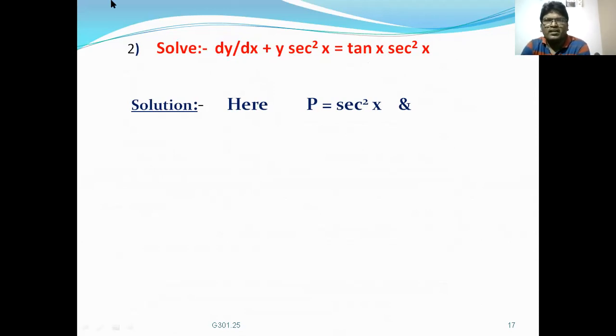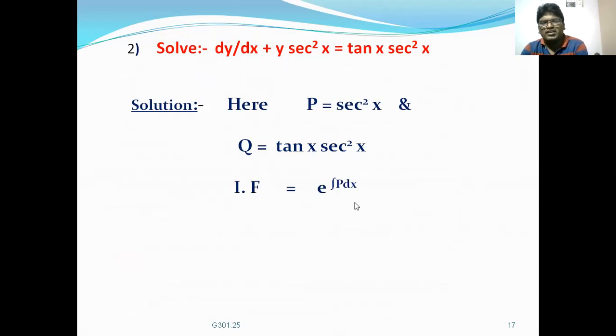Here the coefficient of y is p. After comparing dy by dx plus py is equal to q with the given differential equation, you will get p value is equal to secant square x, and similarly the right side term is q, that is tan x into sec square x. Now we have to find the integration factor.